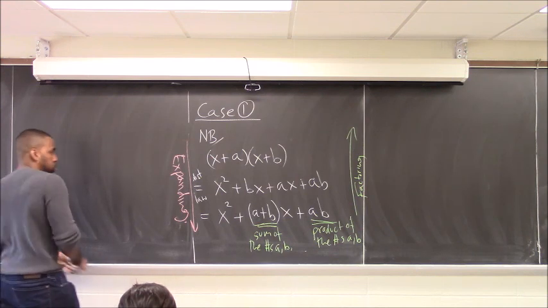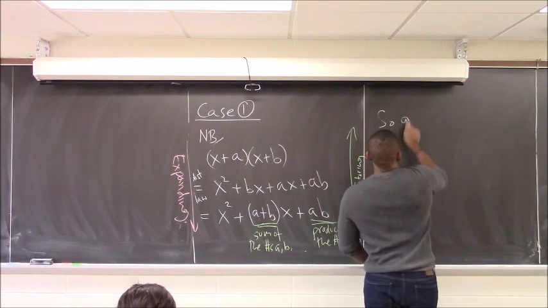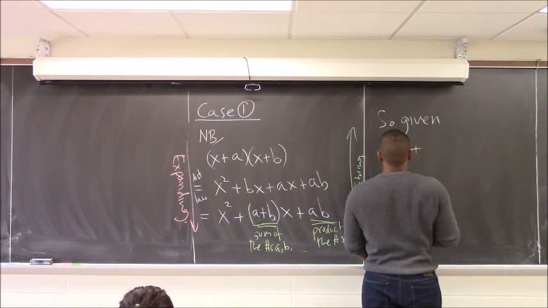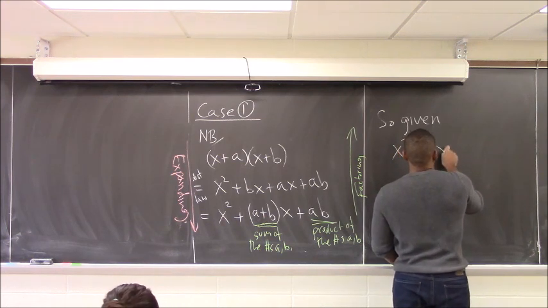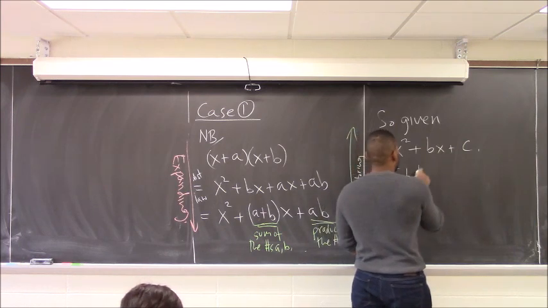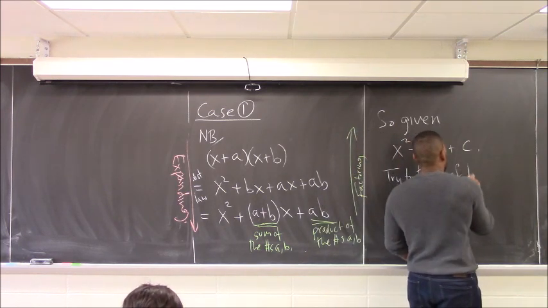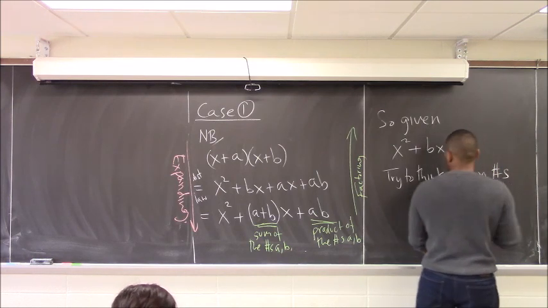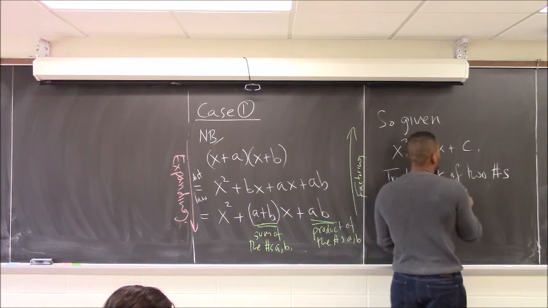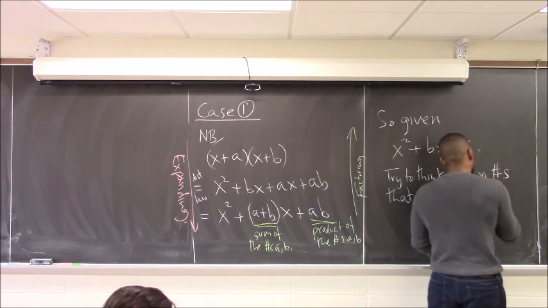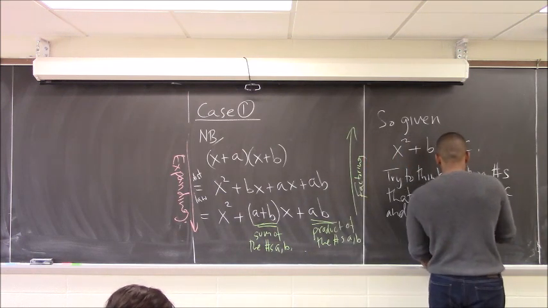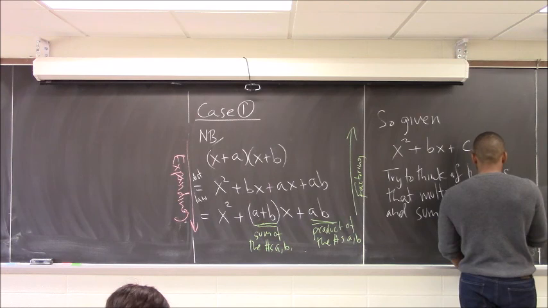So given something like x squared plus bx plus c, try to think of two numbers that multiply to give c and sum to give b.